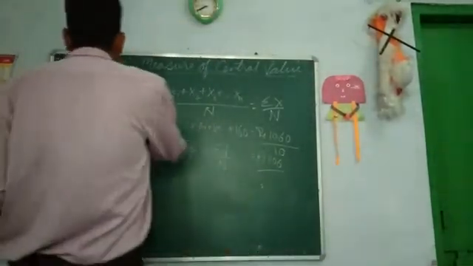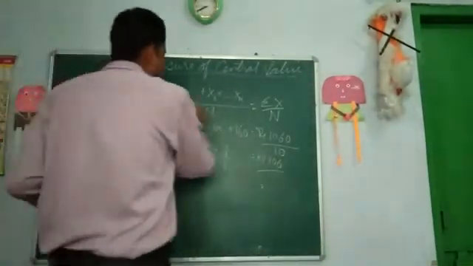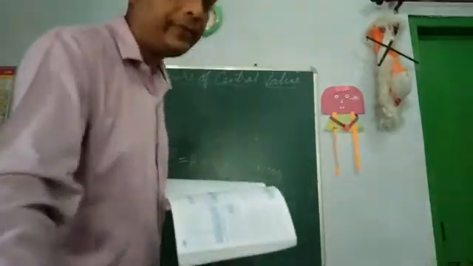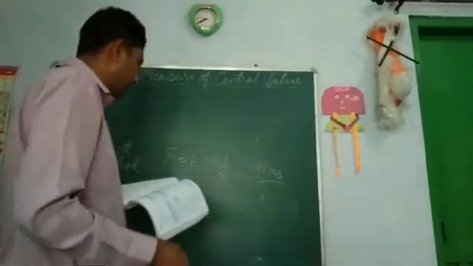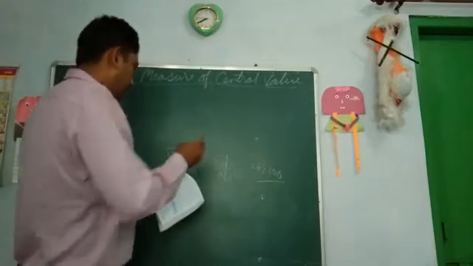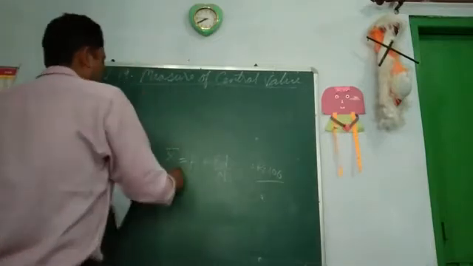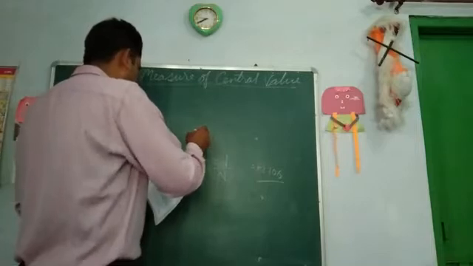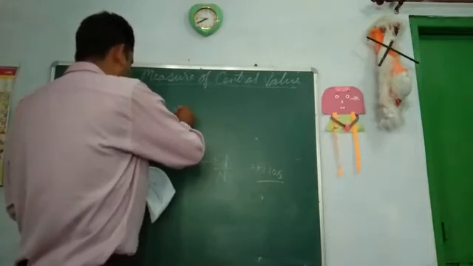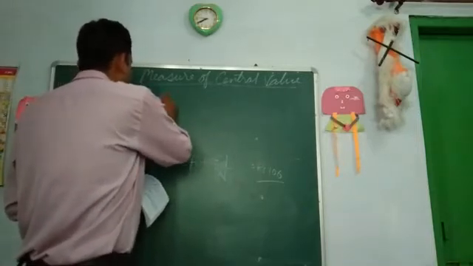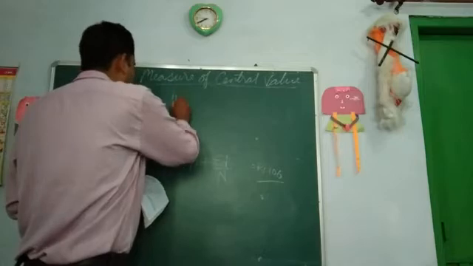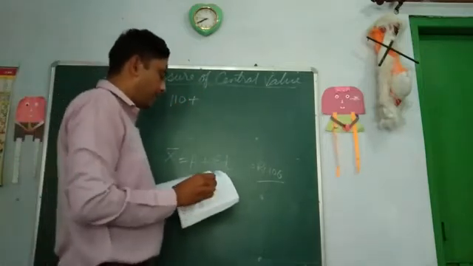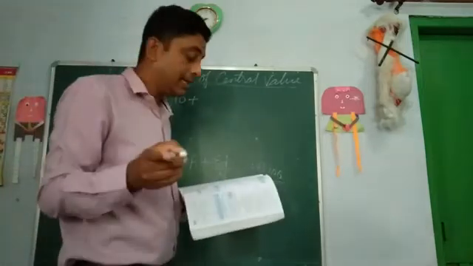In the shortcut method, x bar is equal to a plus sum of d by n. We have taken a as 110, plus sum of d, which is minus 40.